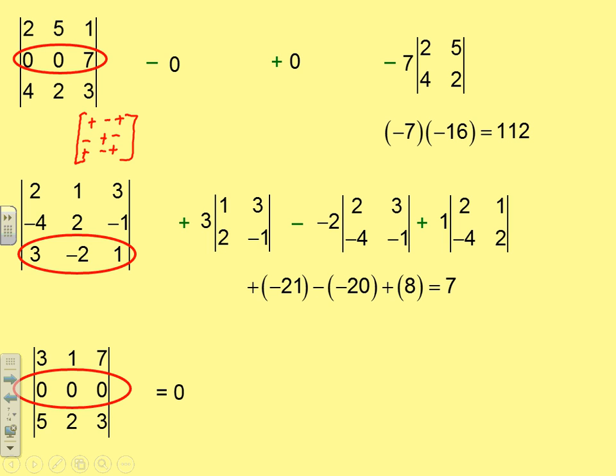So this is where we're going to stop for this lesson, where again we're just looking at how to figure out the determinant of either a 2 by 2 or a 3 by 3 square matrix. The 2 by 2 matrix is pretty straightforward. It has the least number of operations to worry about.